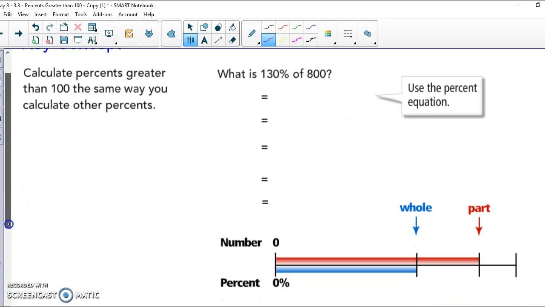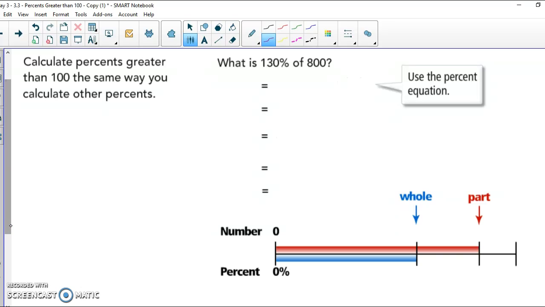All right, and finally, if we want to calculate percents greater than 100, we're going to do that the same way we calculate other percents. So if I'm asked what is 130% of 800, I can still use my percent equation. So when I see the word what, that tells me that I don't know, and so I need to use a variable. So I'm going to use x to represent what. Is means equals. I'm going to take my percent, 130, and write it as a decimal.